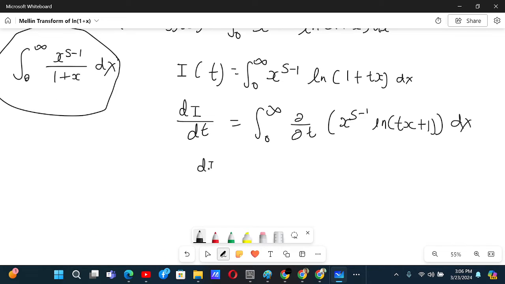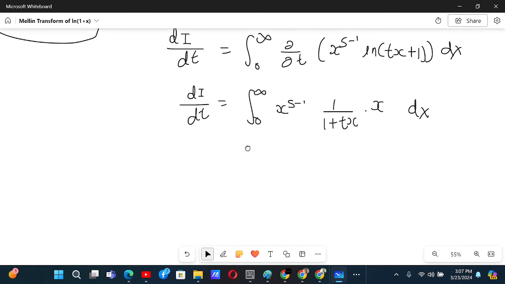So dI by dt is the integral from 0 to infinity of x to the power s minus 1 times x by 1 plus tx dx. Okay, we have got this.